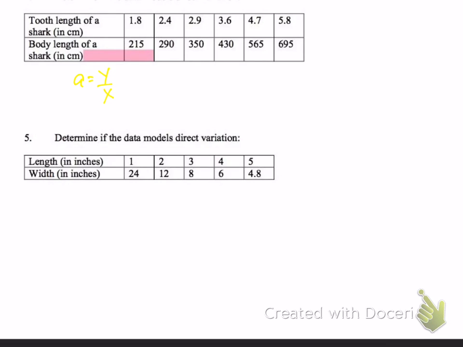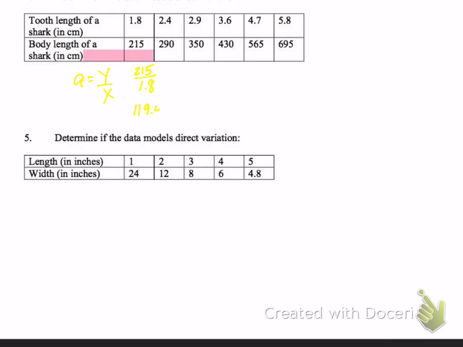I want to get the same proportion for every single number. So you might need to use your calculator for this because I don't know what 215 over 1.8 equals. So somebody put that in their calculator and tell me what you get. What decimal?